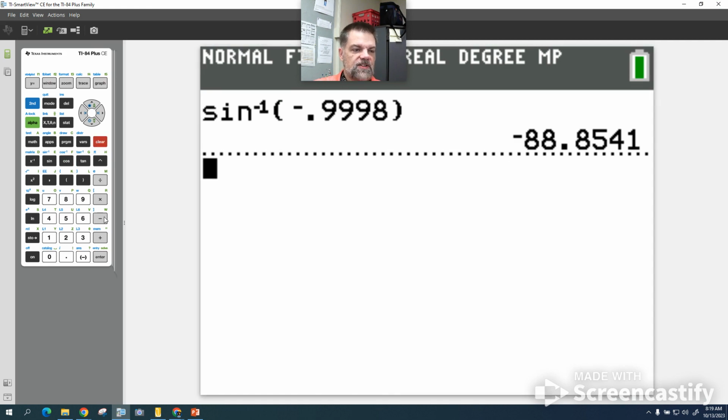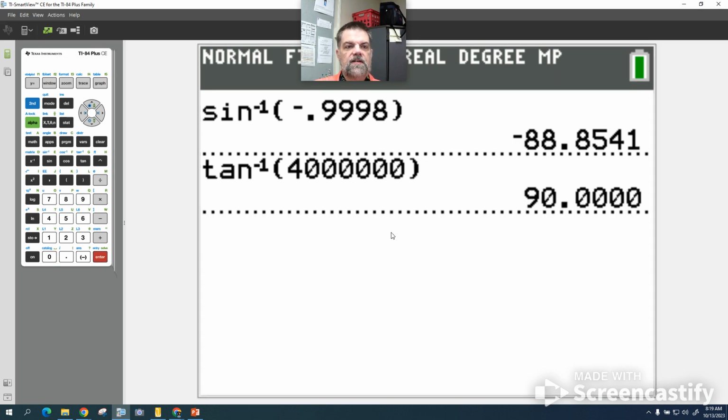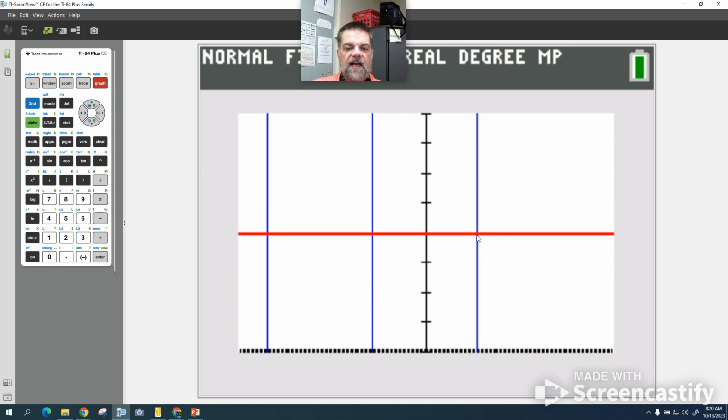Well, let's do tangent. This is the interesting thing about tangent. If I do tangent and I plug in 4 million, I get 90 degrees, which makes sense because we have this crazy graph. I bet you if you divide whatever that value was, 2100 or whatever.